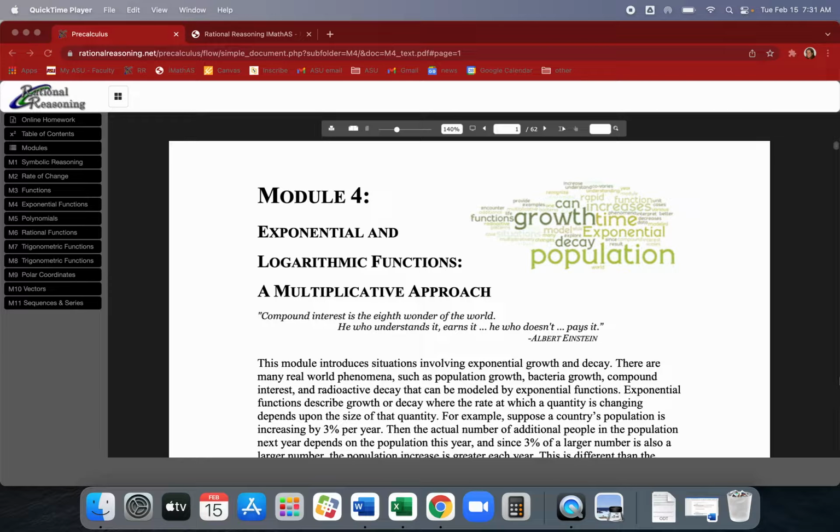So the key relationship with constant rate of change was that for any change in the input, whatever it was, x, the input quantity, the associated change with the output quantity, if you put those two in a ratio together, that change in y over change in x always came out to be the same.